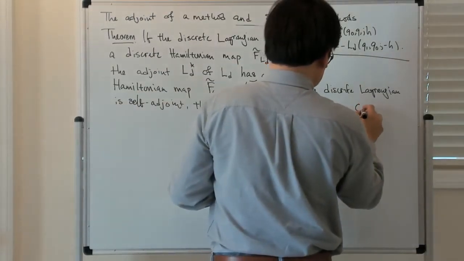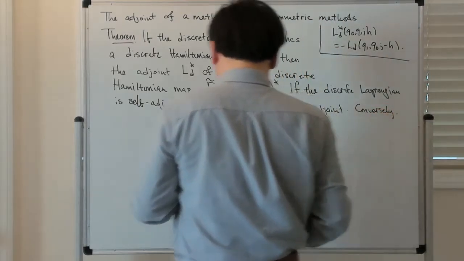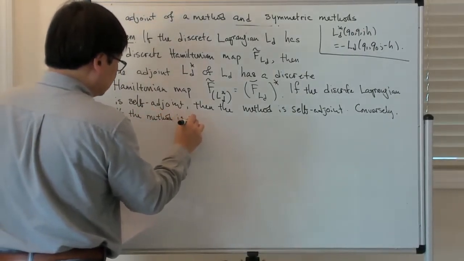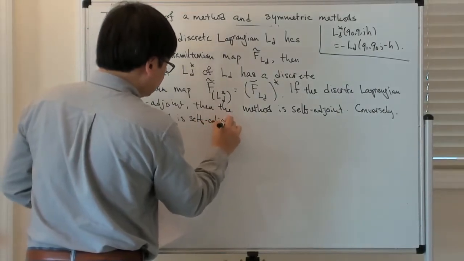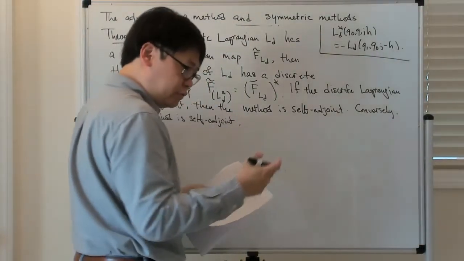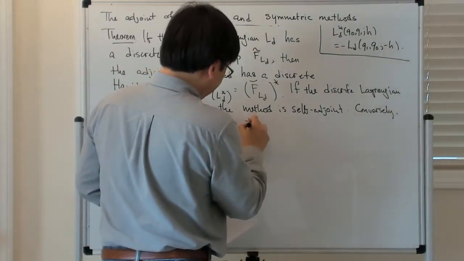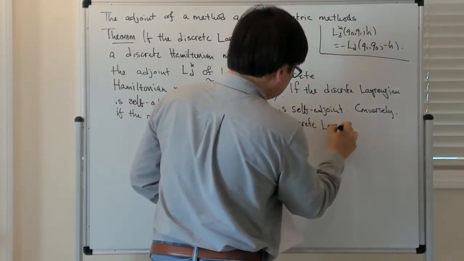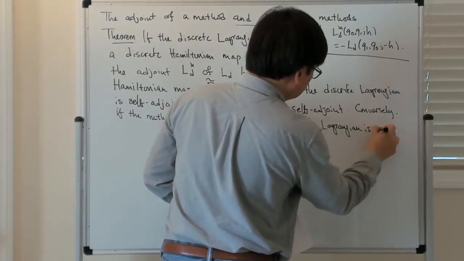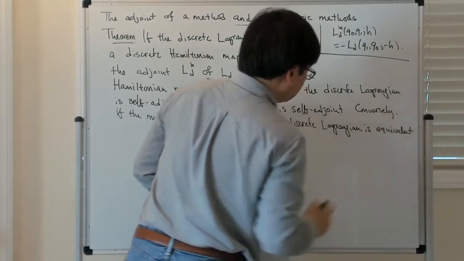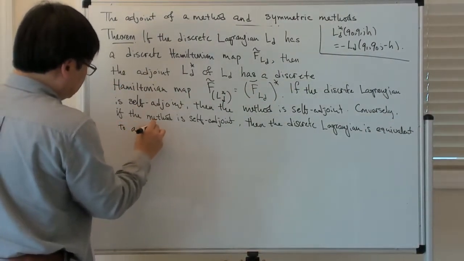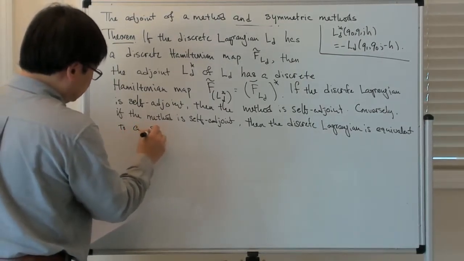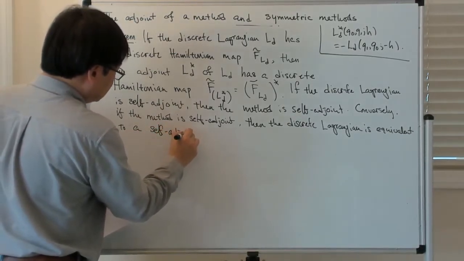Conversely, if the method is self-adjoint, then the discrete Lagrangian is equivalent to a self-adjoint discrete Lagrangian.